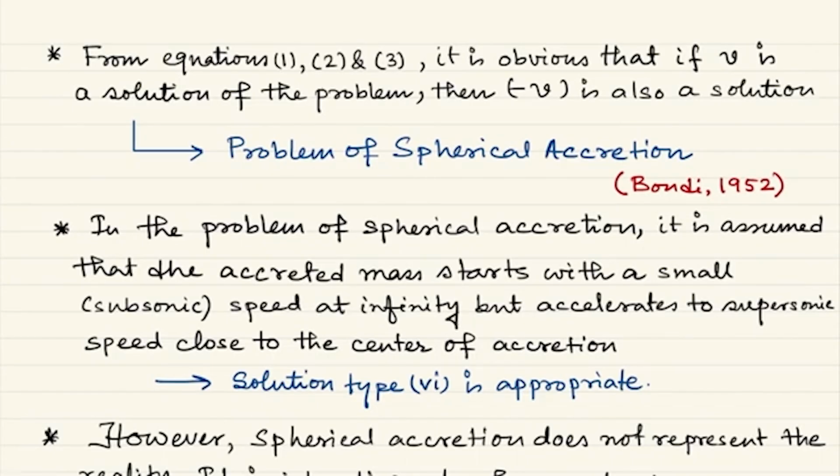So when it starts to come, it was at a large distance and then it comes really closer. So it simply says that some mass is there at a large distance, which is theoretically at infinity, and that mass starts with a small subsonic speed.